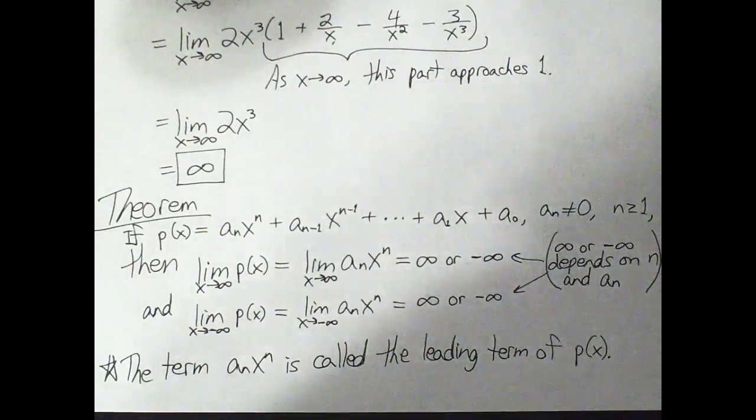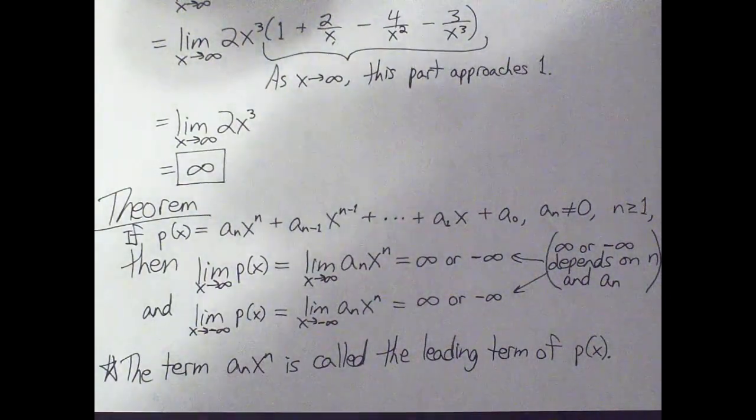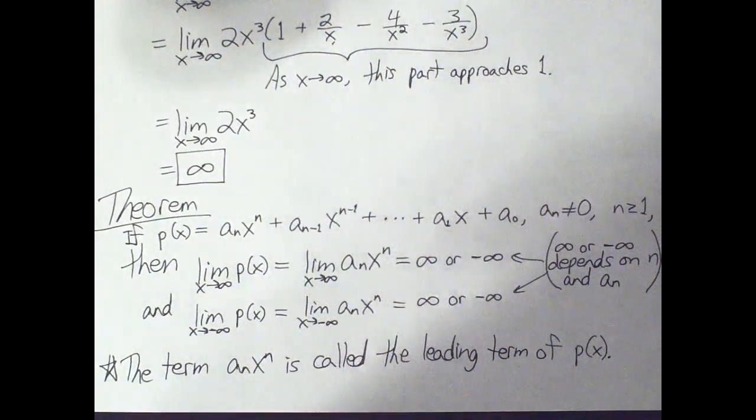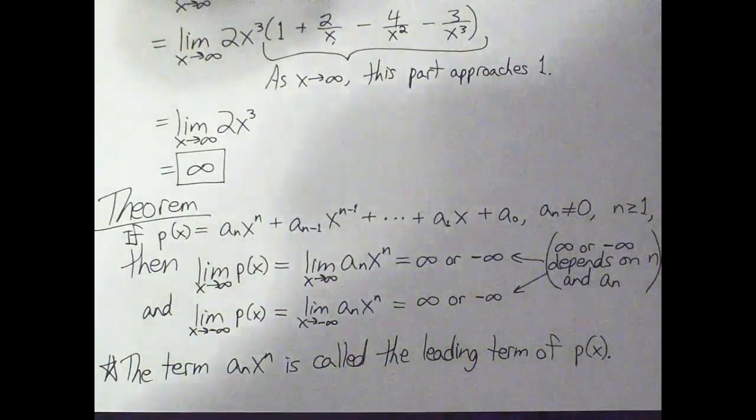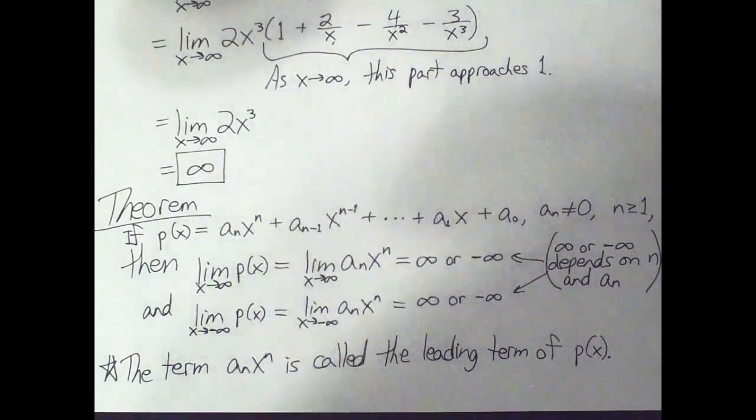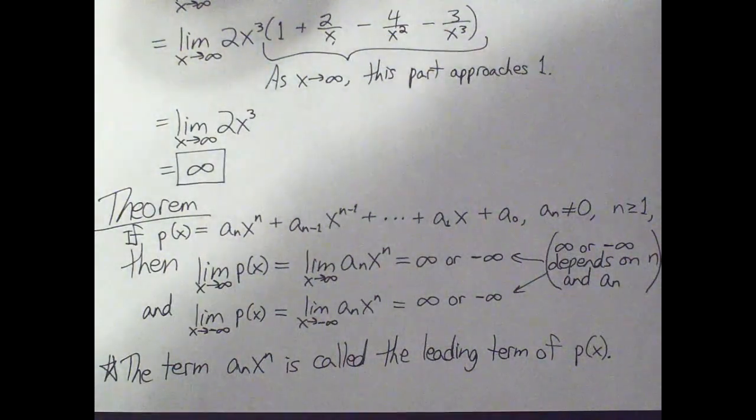So this theorem really works as a nice shortcut. It's telling us that polynomials always eventually head off towards infinity or negative infinity. This means that they never have horizontal asymptotes, because it never equals some number L. So no horizontal asymptotes for polynomials.